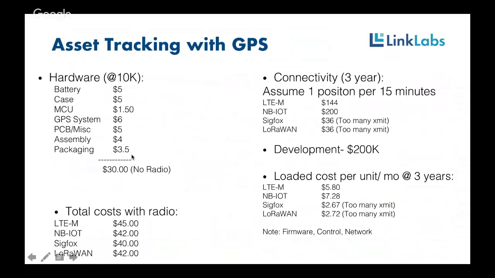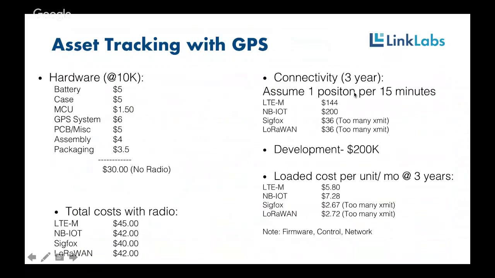This is just based on some experience I have. You can pay more, you can pay less. Again, this is not meant to be prescriptive. I took the module costs from an earlier slide and jammed them on top of this baseline BOM to come up with these costs of the BOM using different technologies. So you can see LTE-M is the highest, Sigfox is the lowest, and everyone else in between.